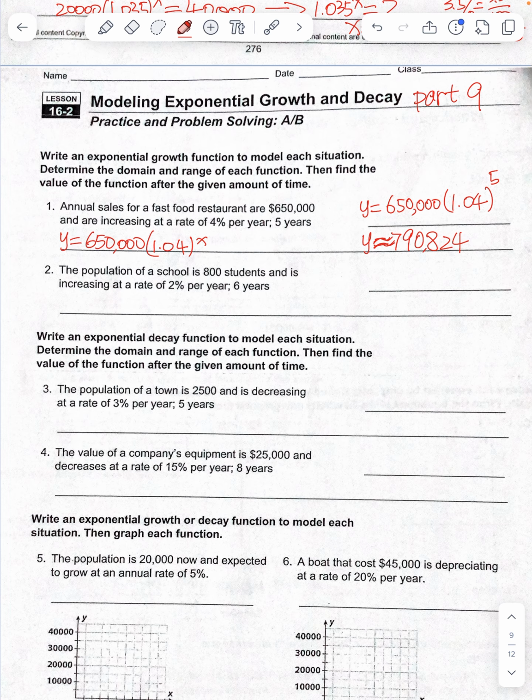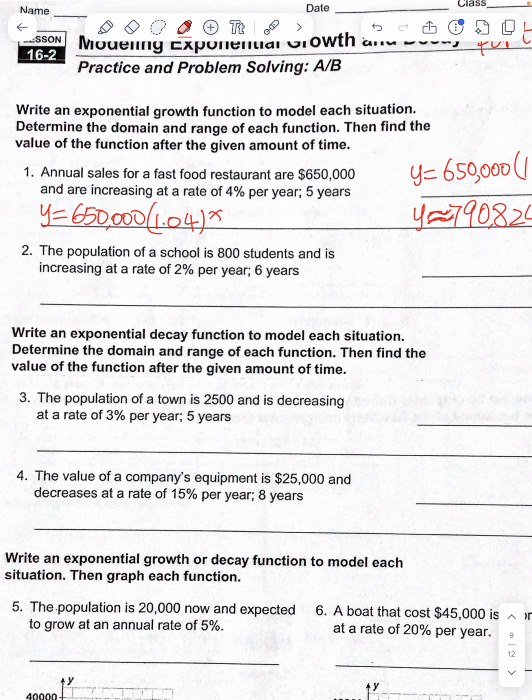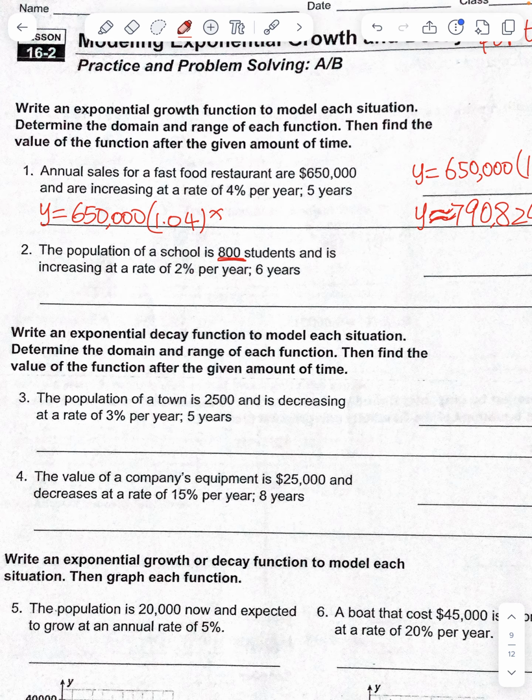Let me double check. 1.04 raised to the power of 5, and then times 650,000. Yeah, 790. Okay. Second one, the population of a school is 800 students, and is increasing 2%.